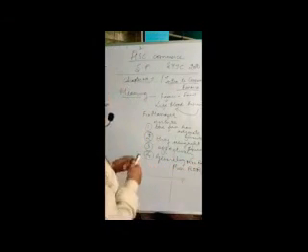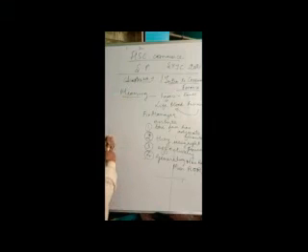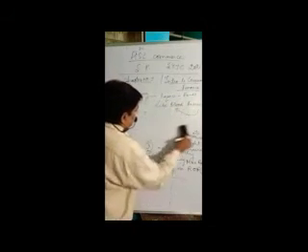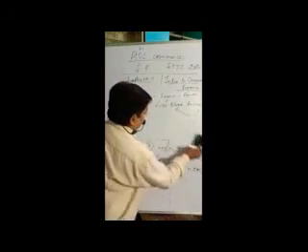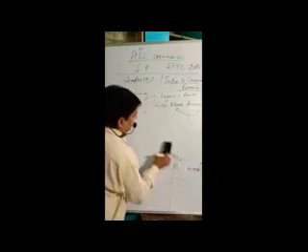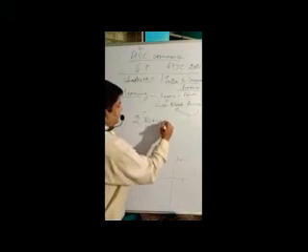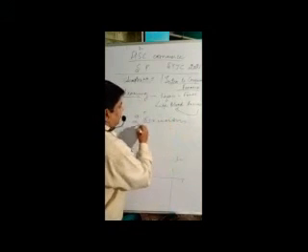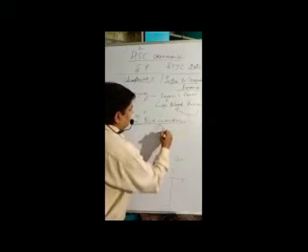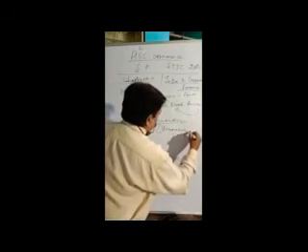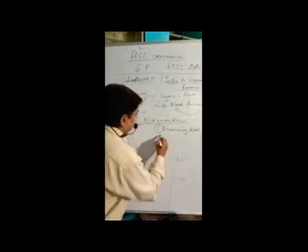Okay, friends. Now two main decisions. The firm has to take two main decisions. If you are a finance manager, what two main decisions you have to take? One is the financing decision.